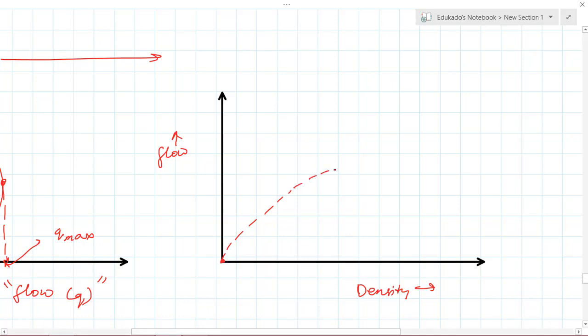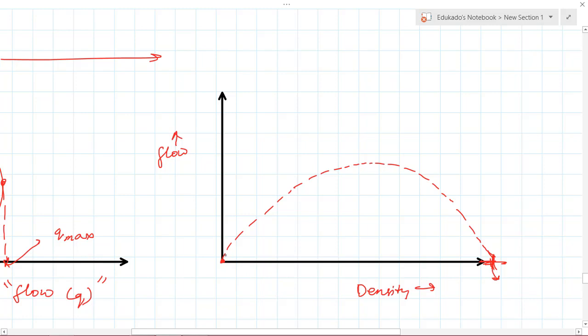Now check it. This is referred to as the jam density. When the vehicles cannot move, you are coming up to somewhere over here. At the start there are no vehicles, so there is no density, no flow, nothing.